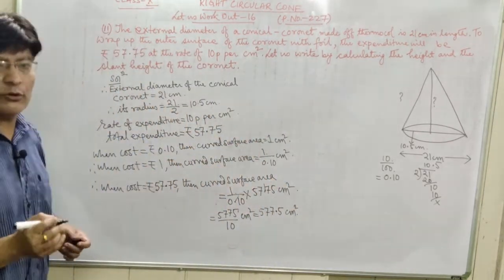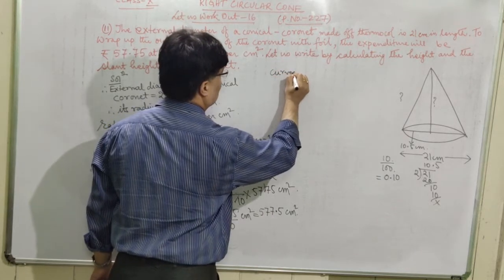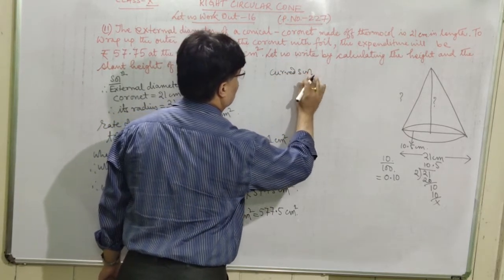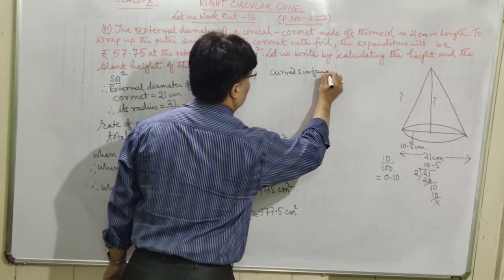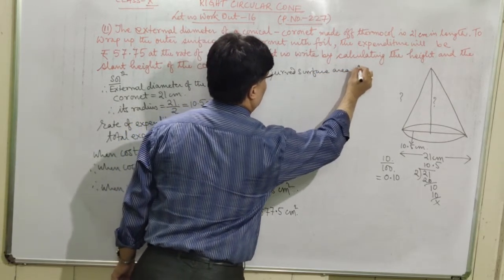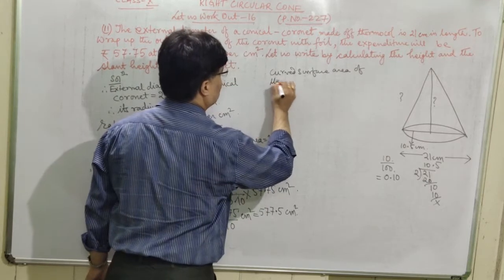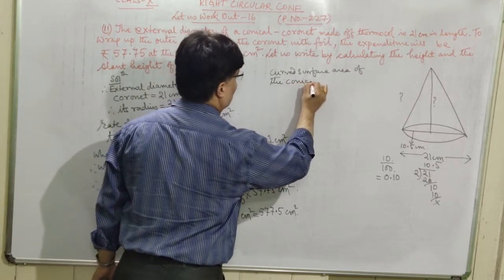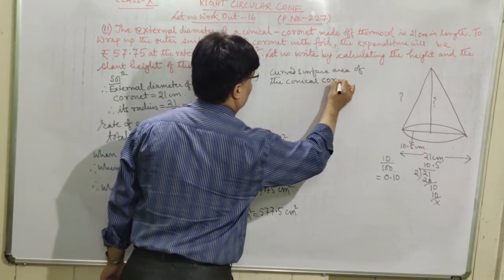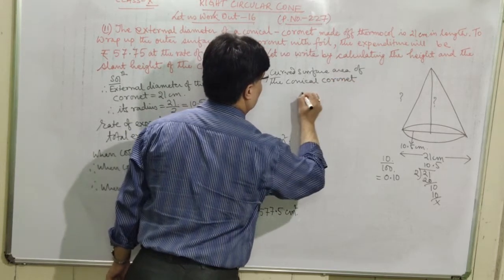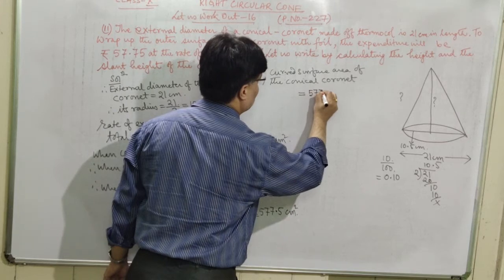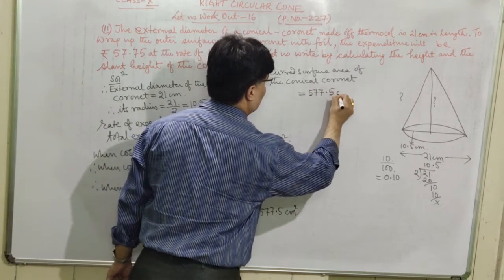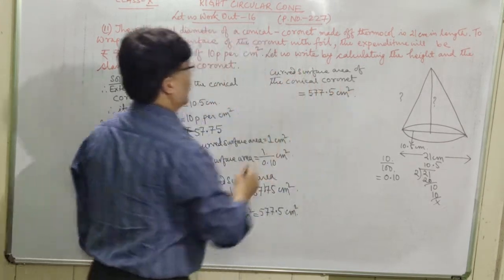Okay, so let us write here: curved surface area of the conical coronet is equal to, how much is that? It is 577.5 centimeter square.